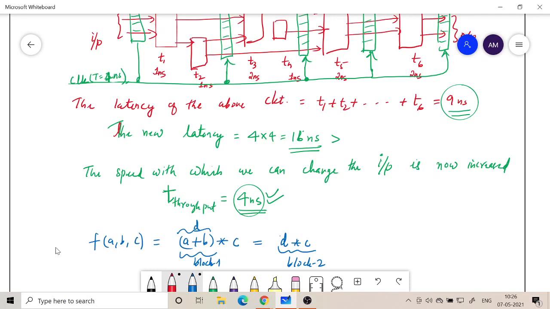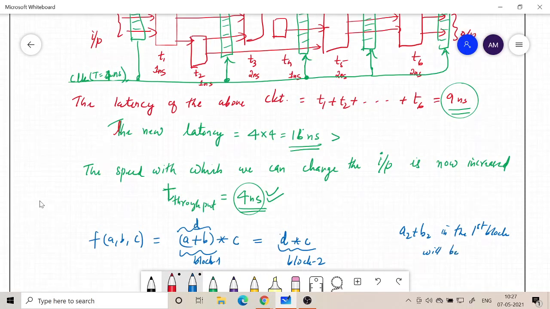So d1 into c1 will be done here. When d1 into c1 is calculated in the second block, in the first block I can do a2 plus b2 at the same time.